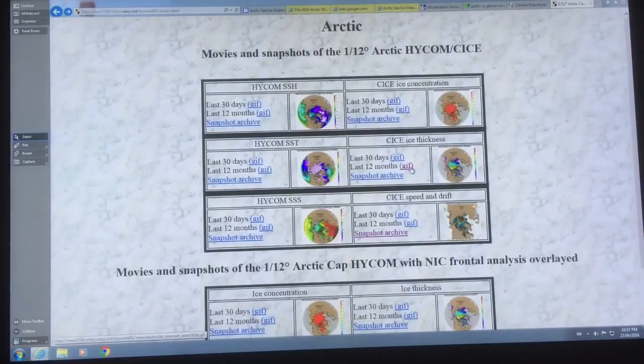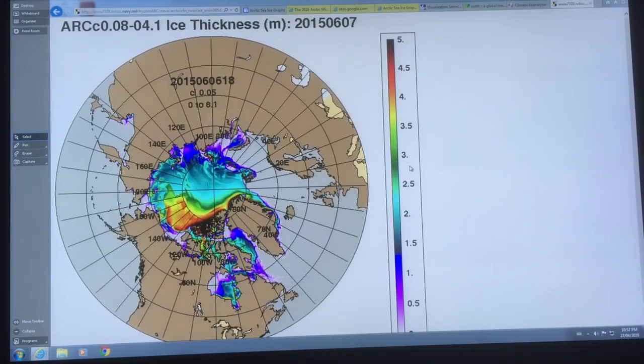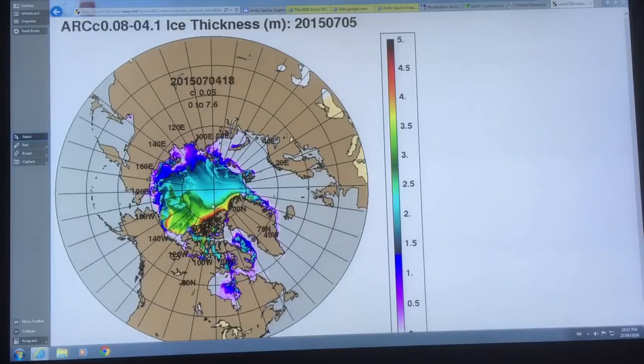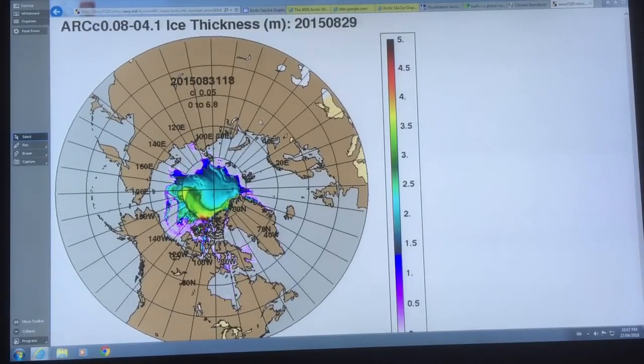So we can go back to here, and look at what's happening over 12 months with the sea ice. You can see that this is the thickness of the ice. This is 2015, July 18. We're into August 2015, and the ice is going down to its minimum, mid-September.